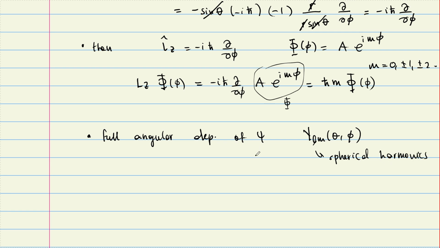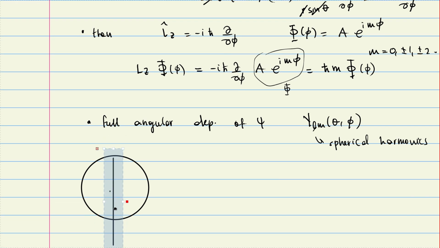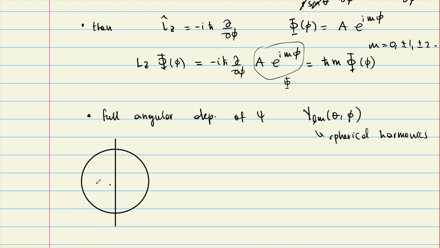What the picture we had last time was something like this. We had this constant angular momentum sphere, but I'm just drawing it in 2D. Here's my z coordinate, and this is my plane perpendicular to the z coordinate.